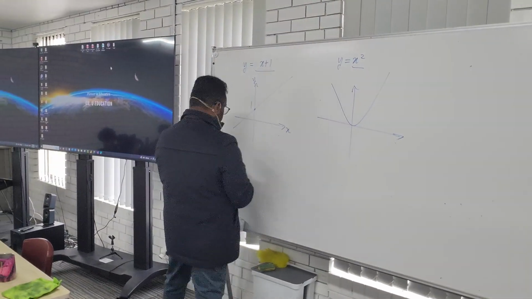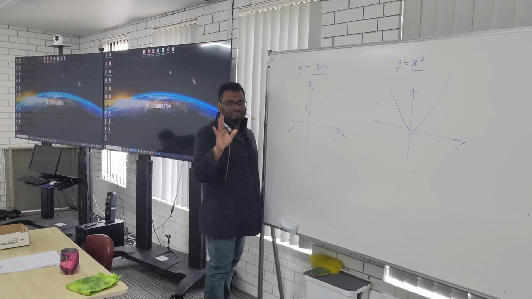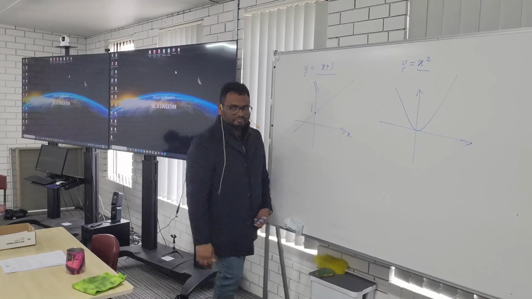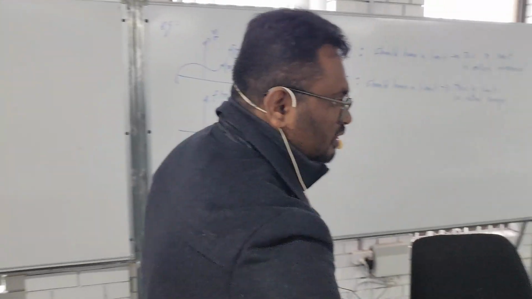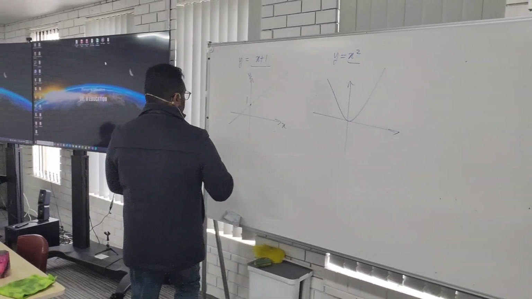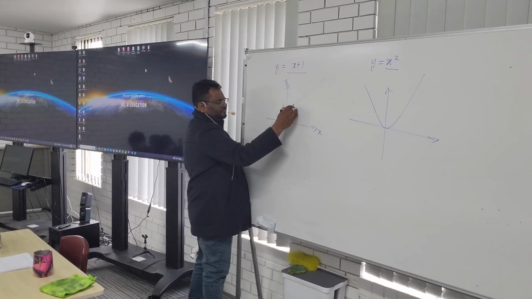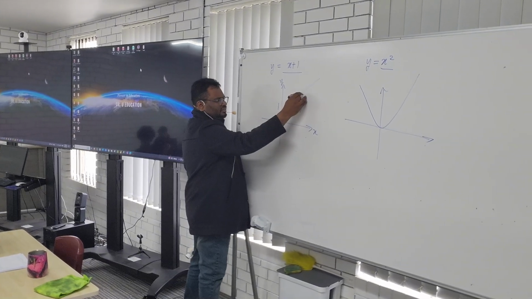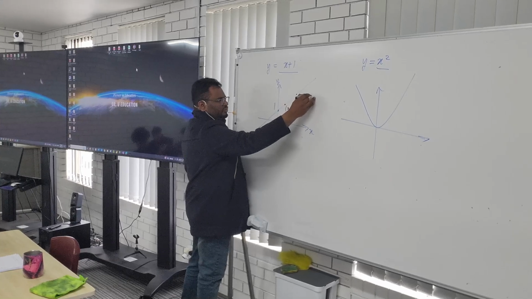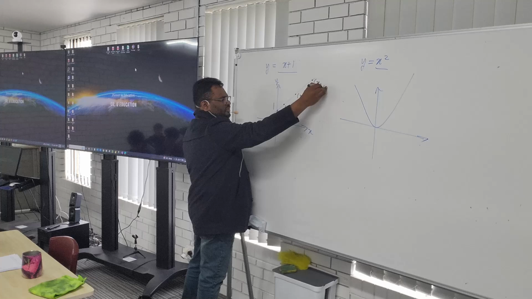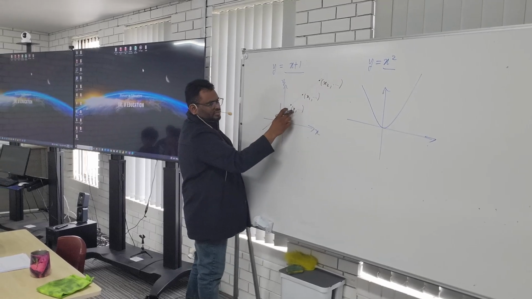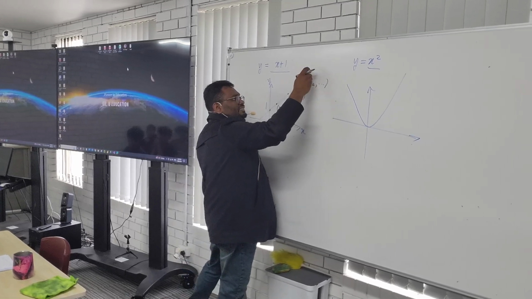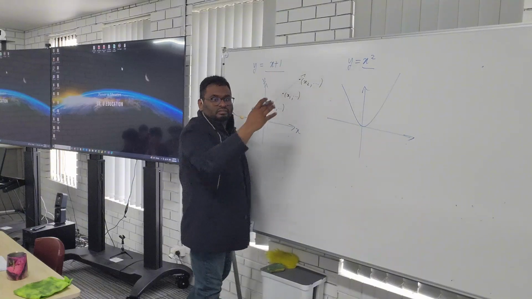Now, look at this, very easy to figure out. Domain means x limit. Look at this x. Forget about y. Can you see from here, x is increasing? When it's going this way, x is increasing to where?